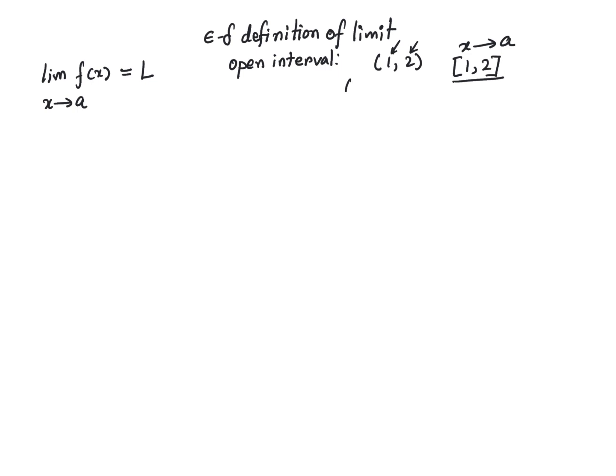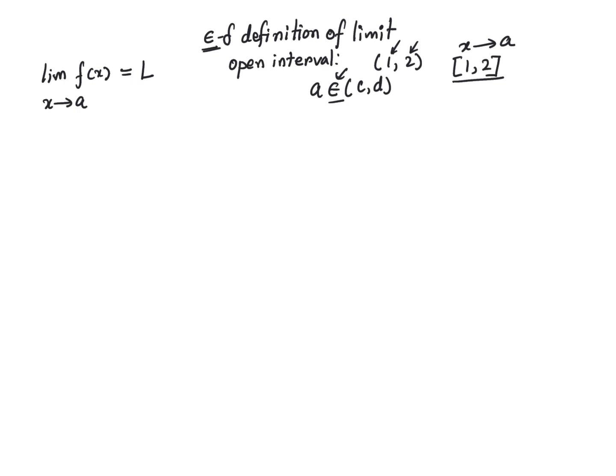So let's consider this open interval (c, d), and a is an element of this. That is a symbol we use in math to indicate that something belongs to something else. By the way, let's not confuse this and this. This is epsilon, and this is something that looks similar.